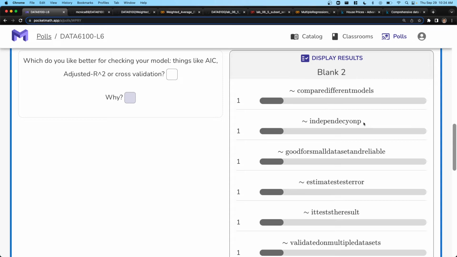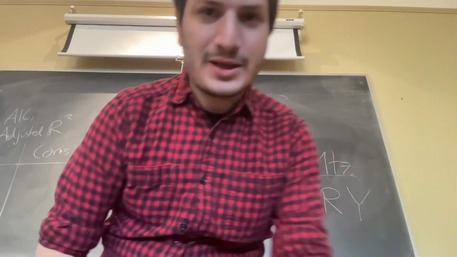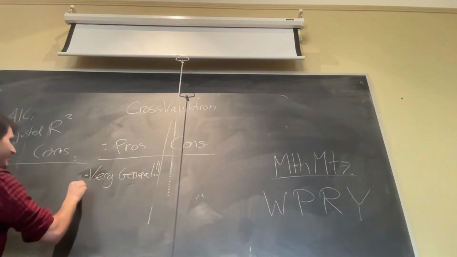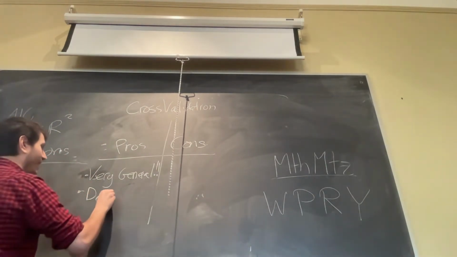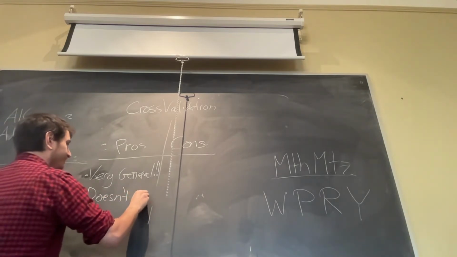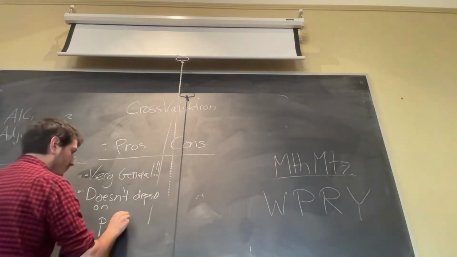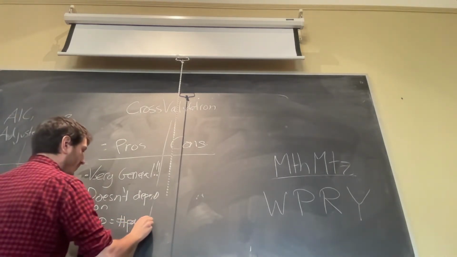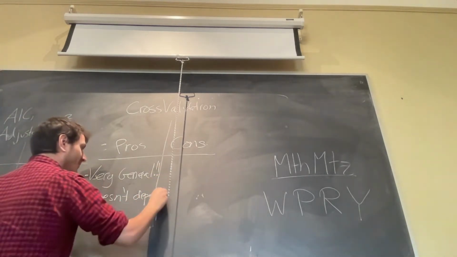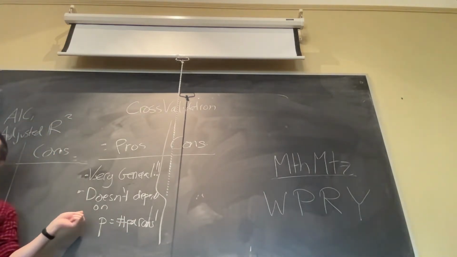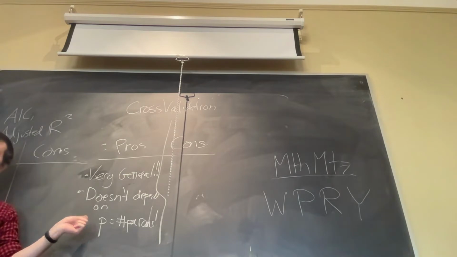So let's go to the blackboard here. So the cross-validation, it doesn't depend on P. P is the number of parameters. And I think this is a pro. Let me say why I think this is a pro. The number of parameters in a linear regression is kind of straightforward, like it makes sense what it is.